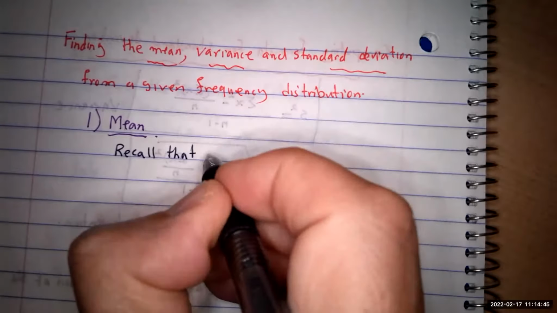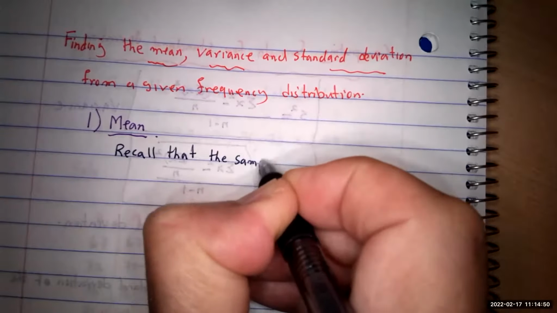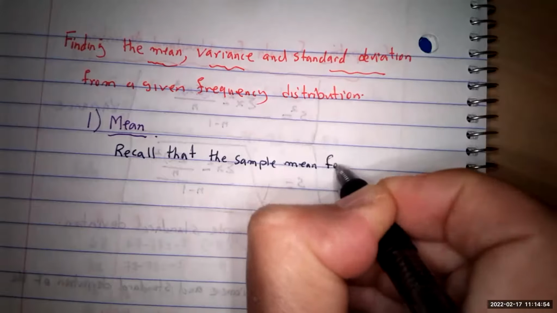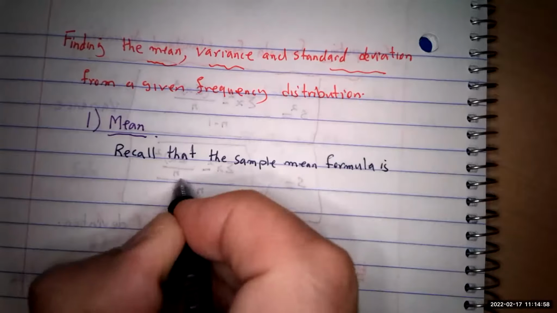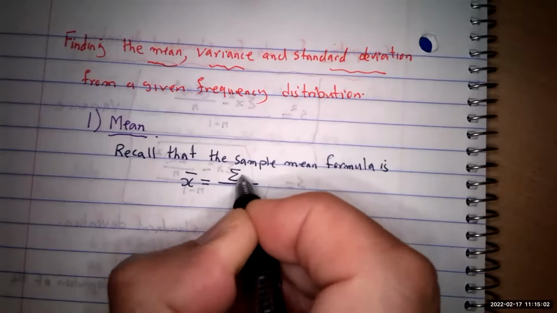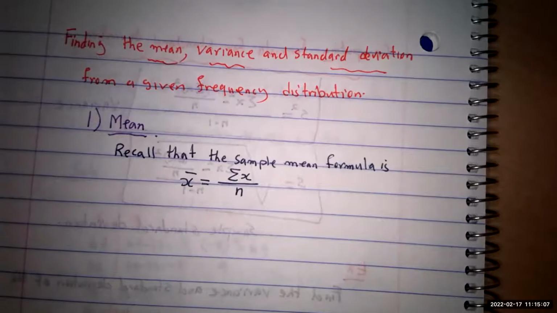What is the sample mean formula? X bar equals sigma x divided by n. This is where all the numbers are given to you.